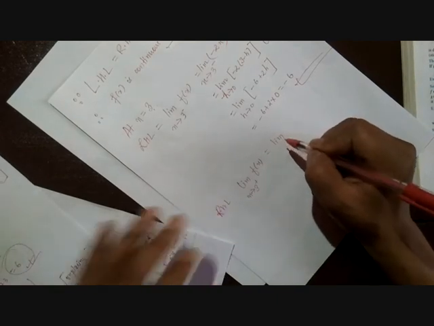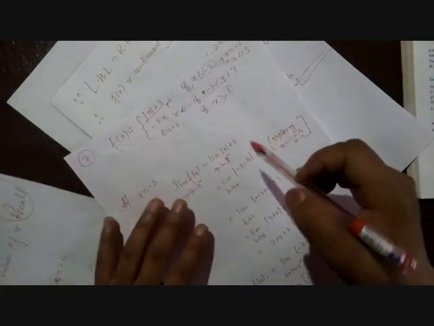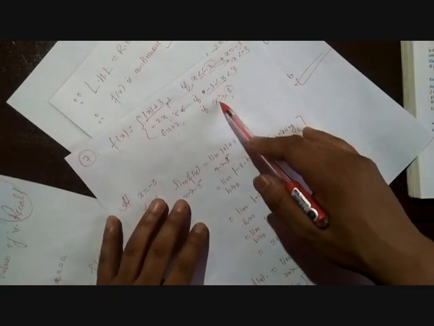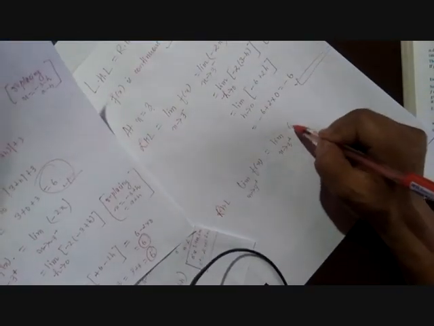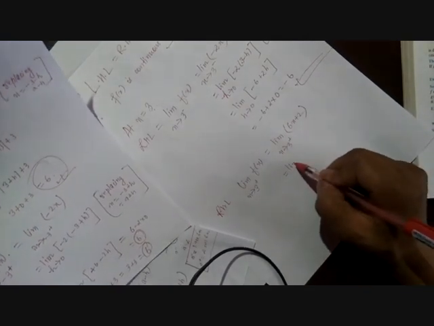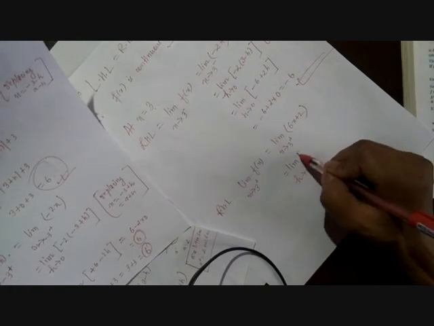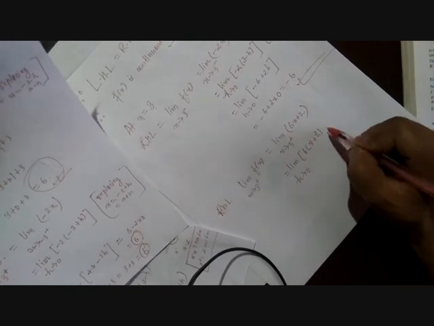A limit of, okay, so x tending to 3 plus, now right hand limit means greater than the point 3, so this one is greater than 3, so you got to use this function. Okay, that is 6x plus 2. Okay, let's continue. Now x will be replaced by h tending to 0, so this will be 6 into 3 plus h, because this is the right hand limit too.